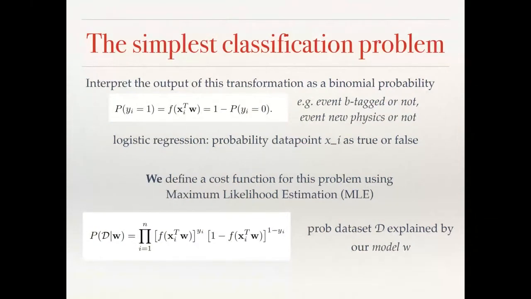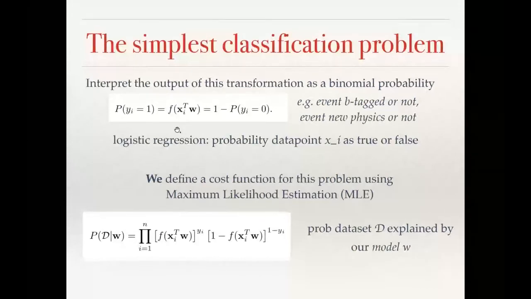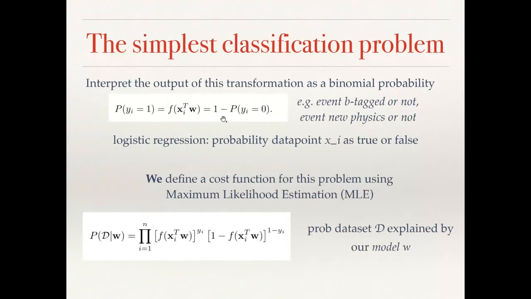So we interpret the output as a binomial probability where the probability of being signal is going to be the output of this transformation. And since this is a probability and that is binary classification, then the probability of being background, so y equals 0, is just 1 minus the probability of being signal.